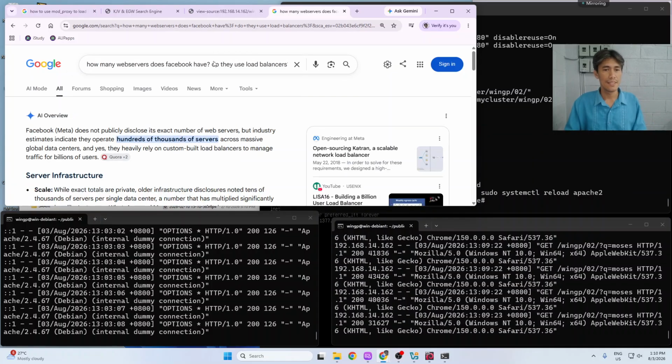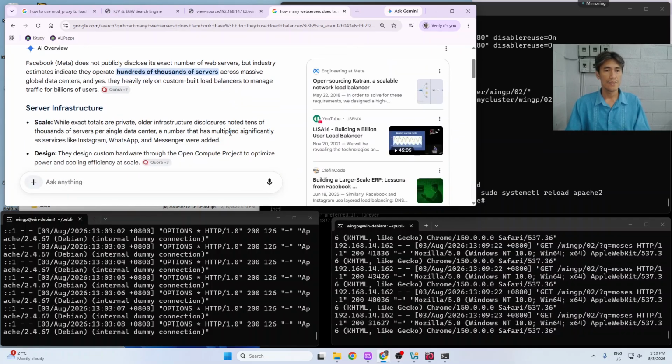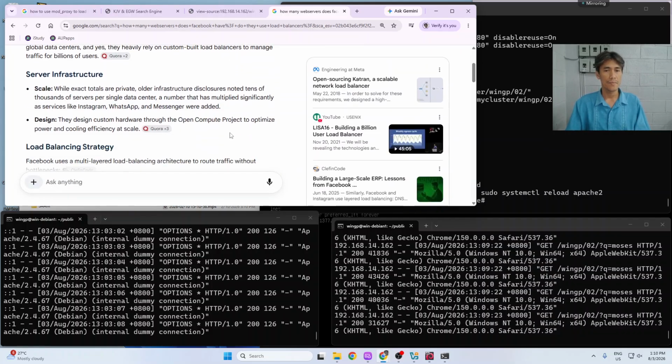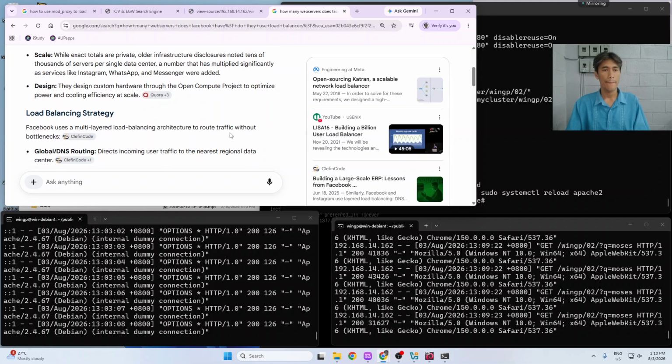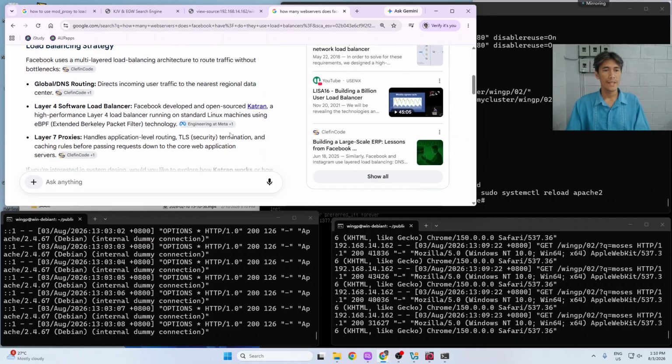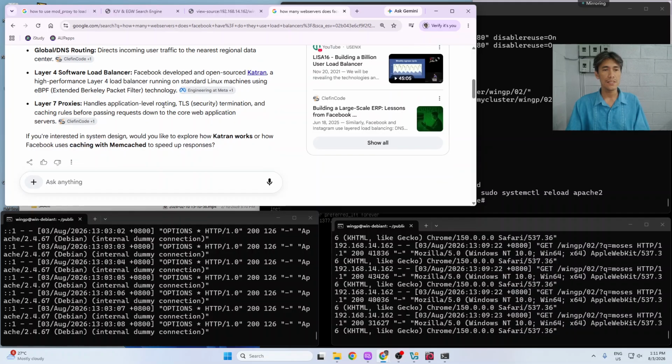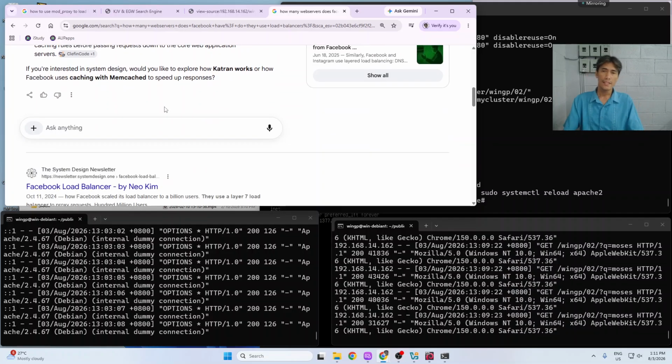Yes. Okay. They use load balancer, but they use DNS. There's a software load balancer and proxies, etc. So this is a small way of load balancing our own.